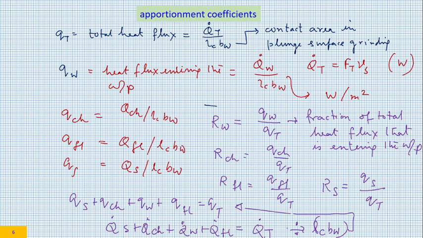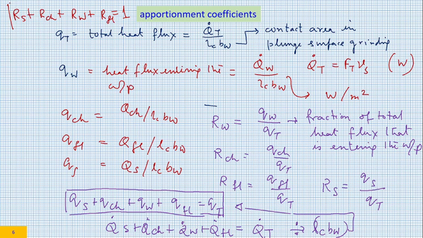Further, you have understood that if you divide this equation by QT on both sides, what would you get? On the right hand side, you will get 1. On the left hand side, the first one would be QS by QT, which is nothing but RS. Next one is QCH by QT, which is nothing but RCH. Next one would be RW plus RFL.